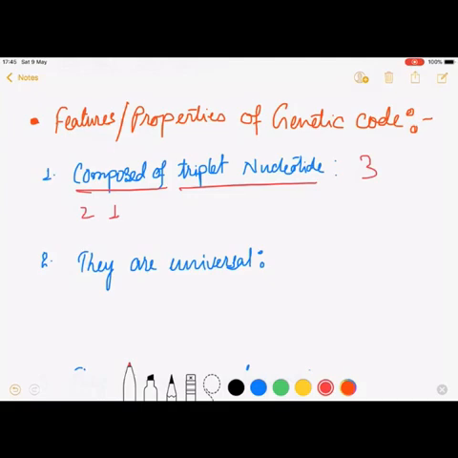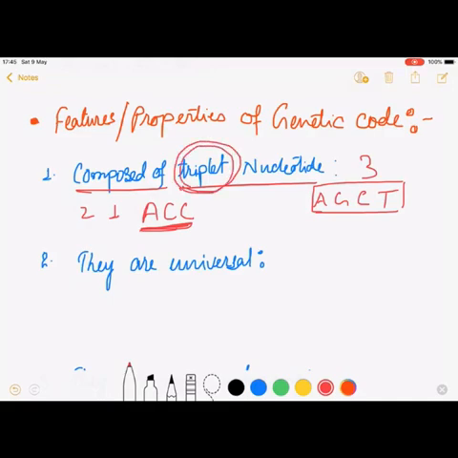There are total 4 nitrogenous bases: adenine, guanine, cytosine and thymine, and out of these 4, any of the 3, say for example A, C, C, can be repeated. So this will recognize one amino acid. So genetic code is always triplet. This is one kind of character of the genetic code.